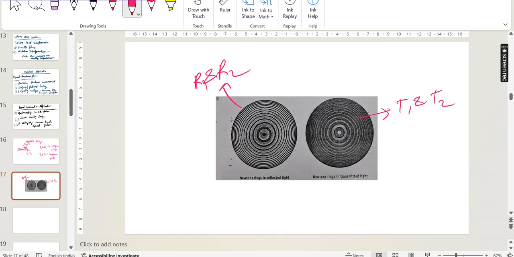For interference fringes from the reflected light, the center is dark, or destructive interference. But in Newton's rings in transmitted light, the center is bright.